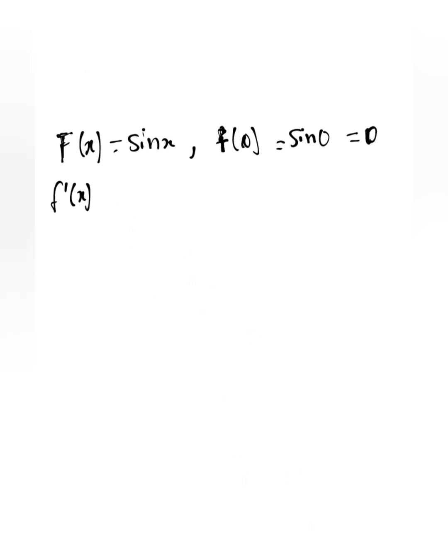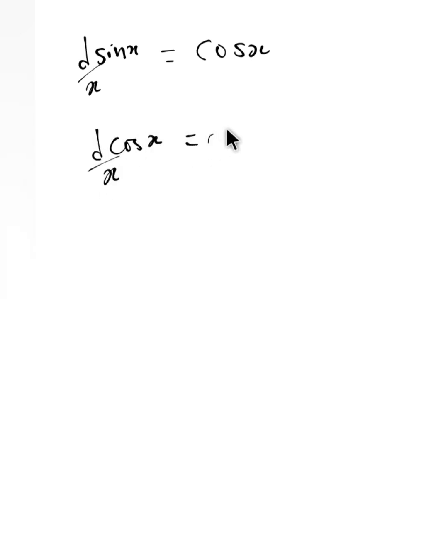If we differentiate sine x with respect to x, we get cos x, and when we differentiate cos x with respect to x, we get minus sine x. So while expanding this, we need to keep this in mind. Differentiating sine x gives cos x. Differentiating cos x gives minus sine x.